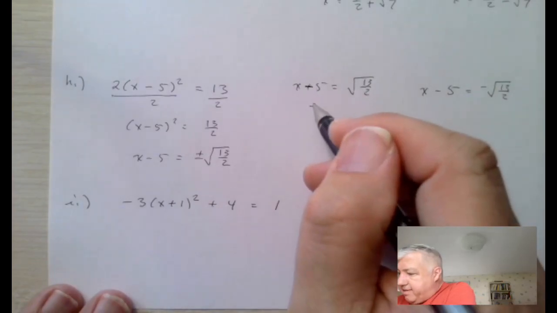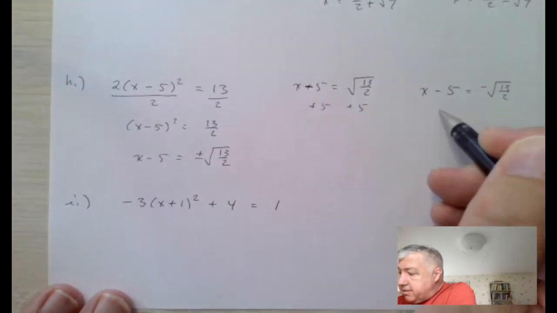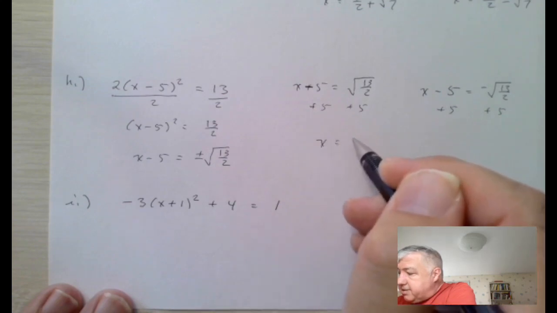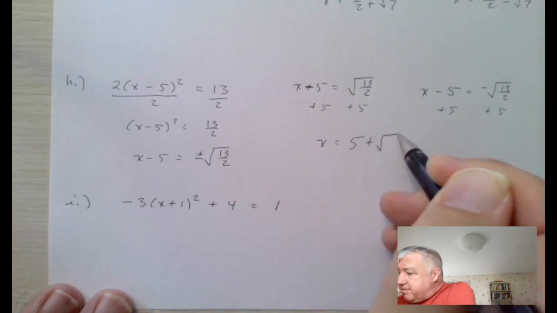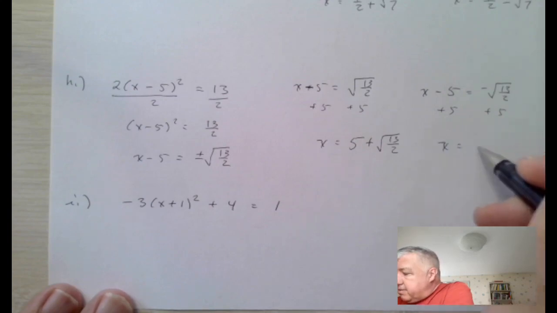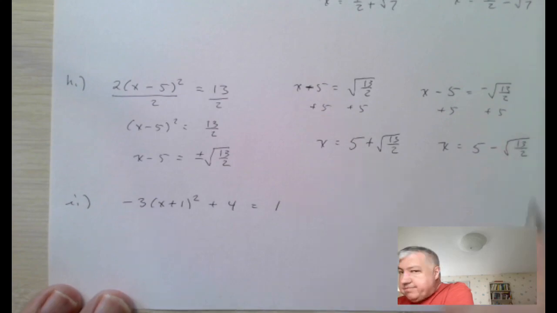Then add 5 to both sides, and you get x is 5 plus the square root of 13/2 or 5 minus the square root of 13/2.